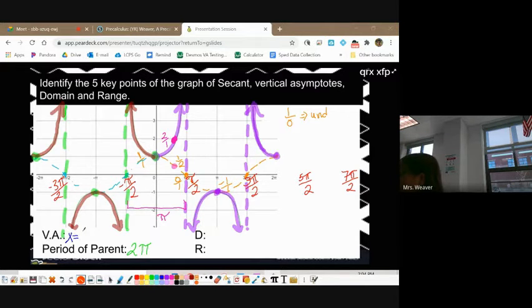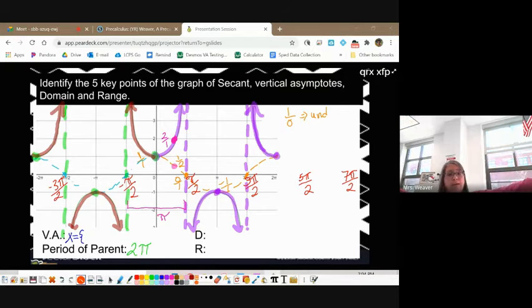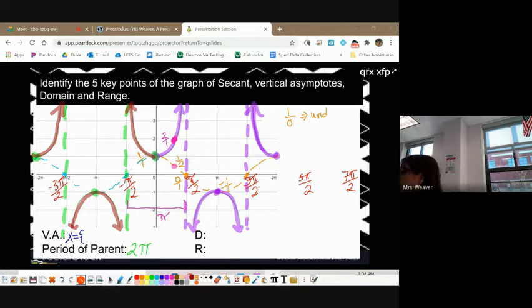X equals the set of all, because we have a whole set of them. This goes forever and ever in both directions, so there's an infinite set of them. So we have to describe them with a pattern because we can't possibly list them all, okay? So x equals the set of all, and we're going to say pi over 2 because they happen at the half pi's.